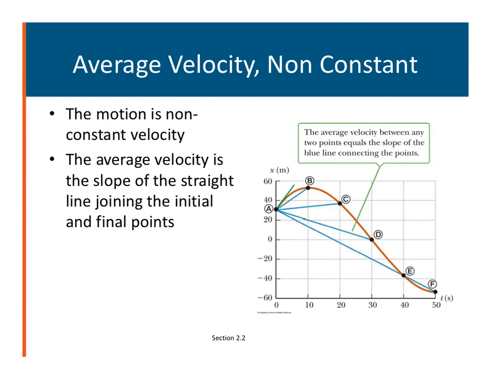We can also note the slope is either positive or negative, and we see that we have positive slope from A to B and positive slope, even though it's a little less, from A to C, and negative slope for the others. And so we see that our average velocity changes from positive to negative as we go along, as time continues, and we go to further and further endpoints.